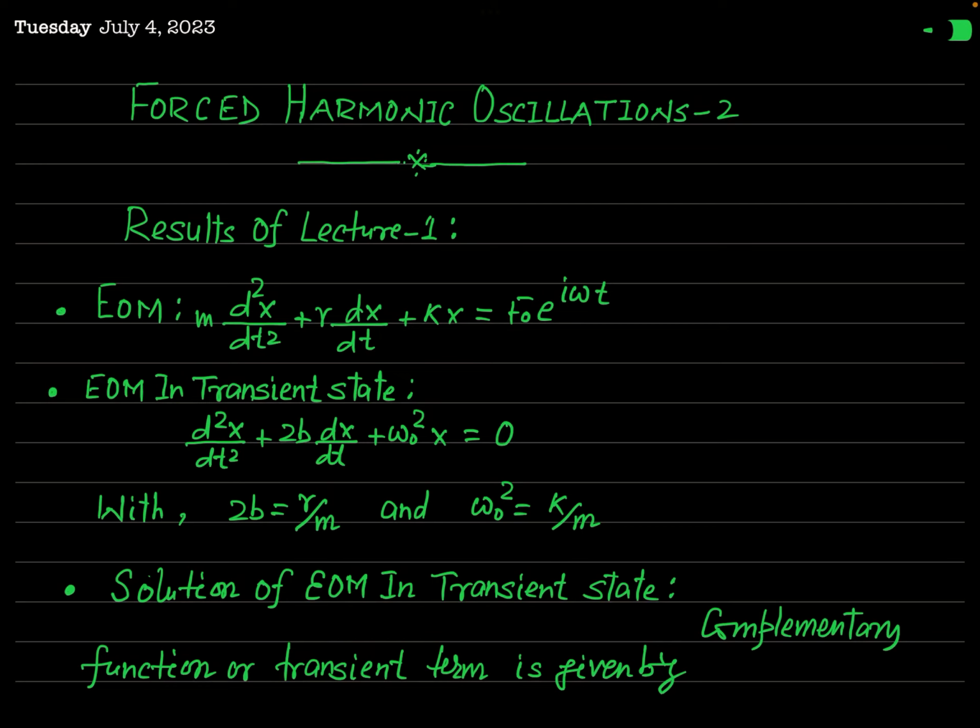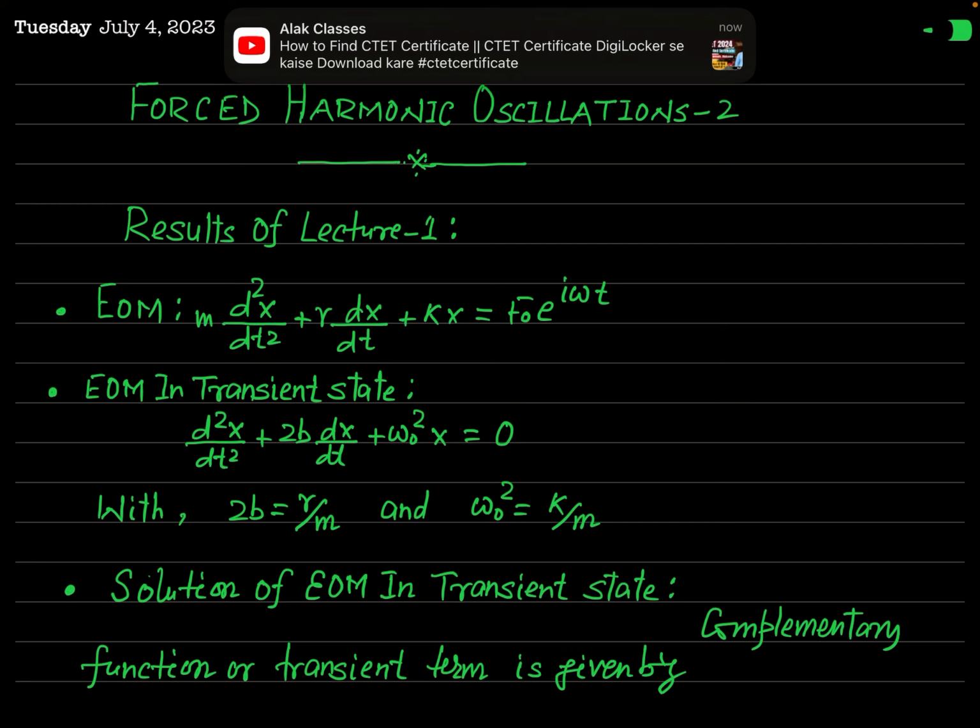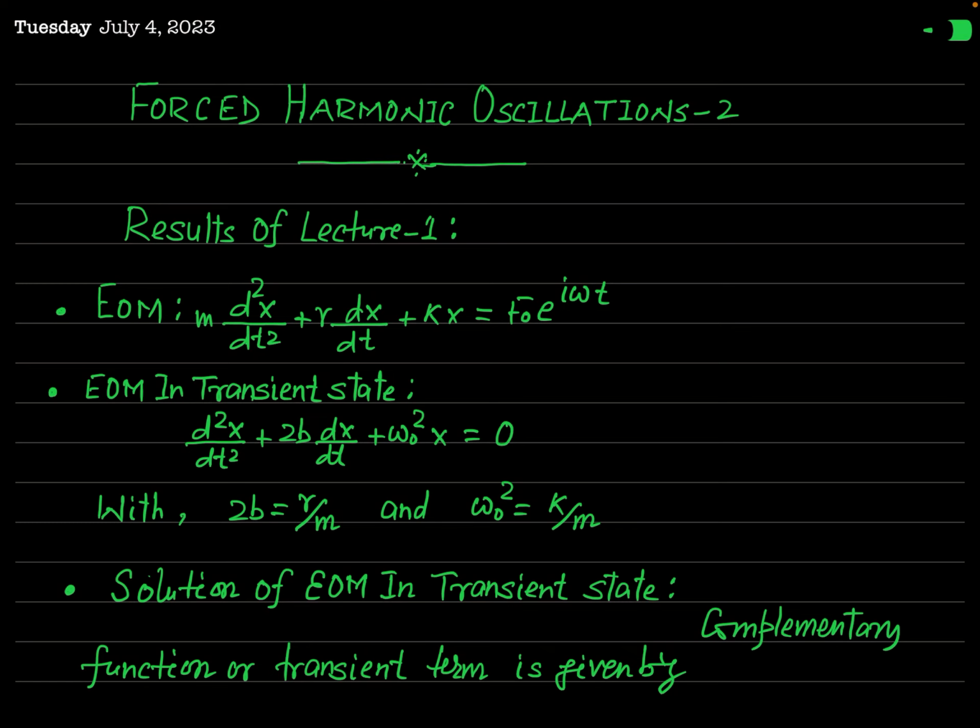And considering the three forces acting on our oscillator, we have set up the equation of motion. And you have seen that the equation of motion of forced harmonic oscillations has two solutions. The first solution is known as the transient term or the complementary function.